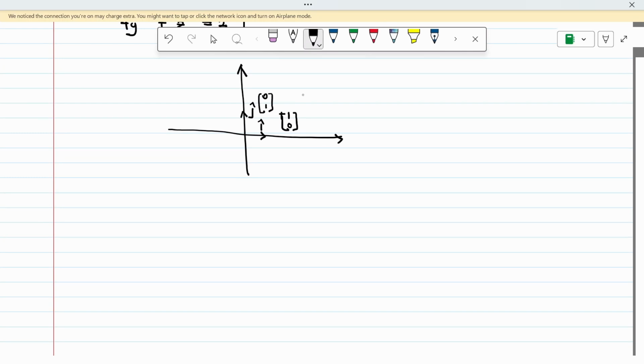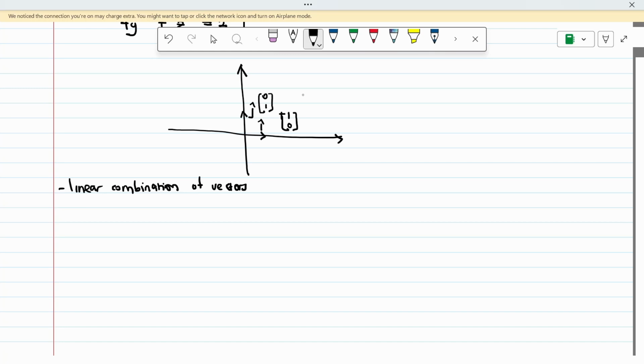We also looked at linear combination, of course. Linear combination of vectors is simply multiplying a vector by a scalar and adding them.